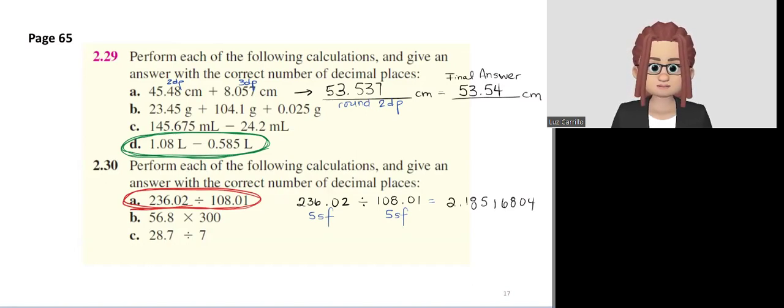Taking into account that each of these digits has 5 significant figures, we need to round that calculator display to 5 significant figures. So taking that into consideration, my final answer is going to be 2.1852.